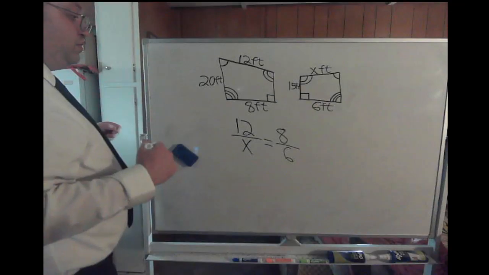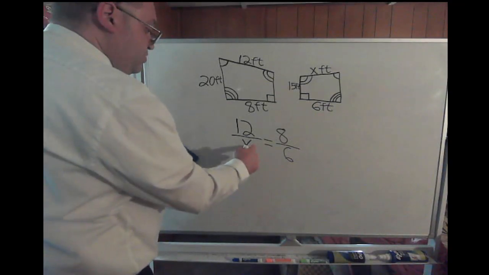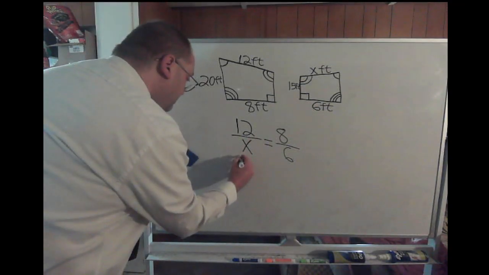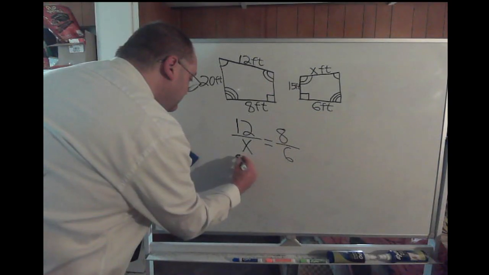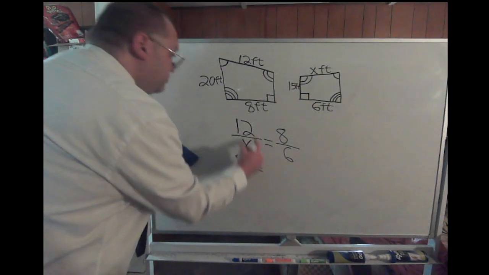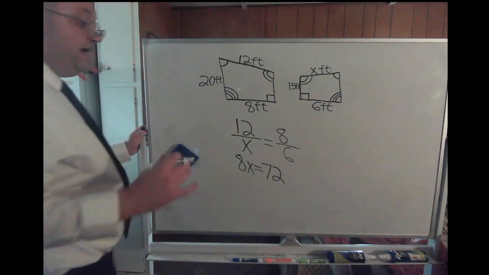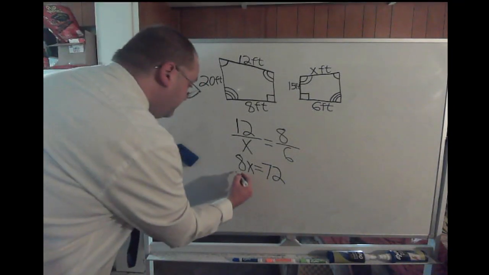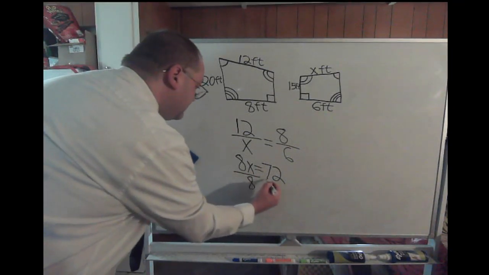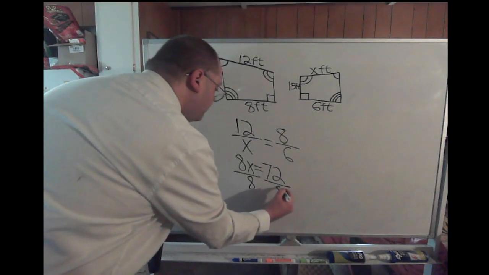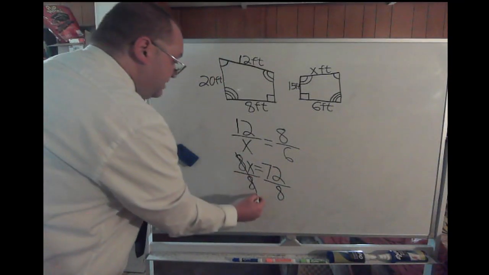Alright, well, let's go ahead. Let's do our proportion. X times 8 is, well, 8x. Set that equal to 12 times 6. Well, that's 72. Alright, we have 8x. We want to just solve for x, so divide both sides by 8. Left side, the 8's cancel out.